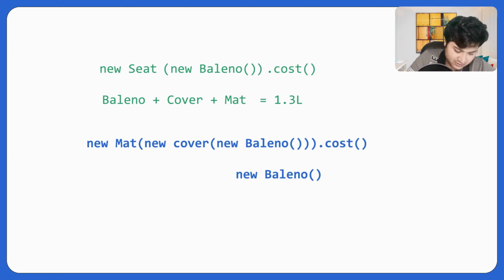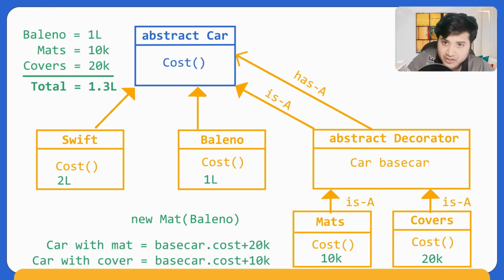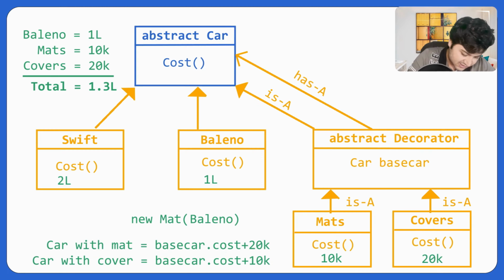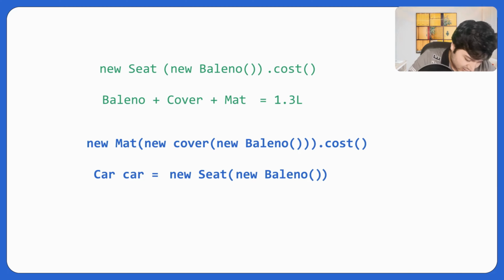So new seat, and because seat covers is a decorator, I'll have to pass in the object of base. And what will it return? It will return me a base object only. Why? Because this is extending decorator, and decorator is extending car, which is the base again. So this returned me a base car again.